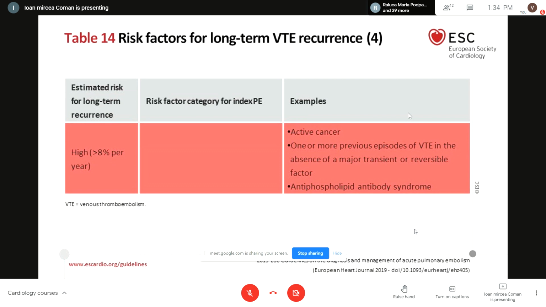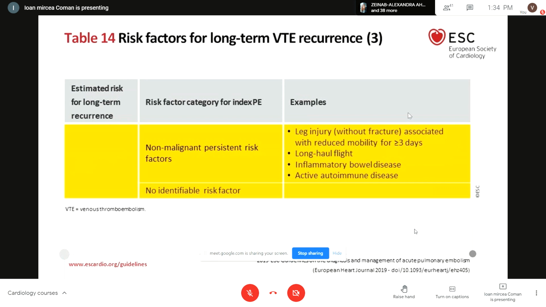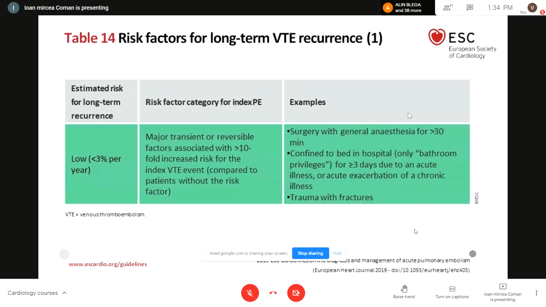And as you see, there is a high risk category, including the active cancer, and a previous episode of venous thrombosis which was not due to a major transient or reversible factor such as surgery. The antiphospholipid syndrome is also a high-risk condition, while other conditions have a medium risk for repeat.